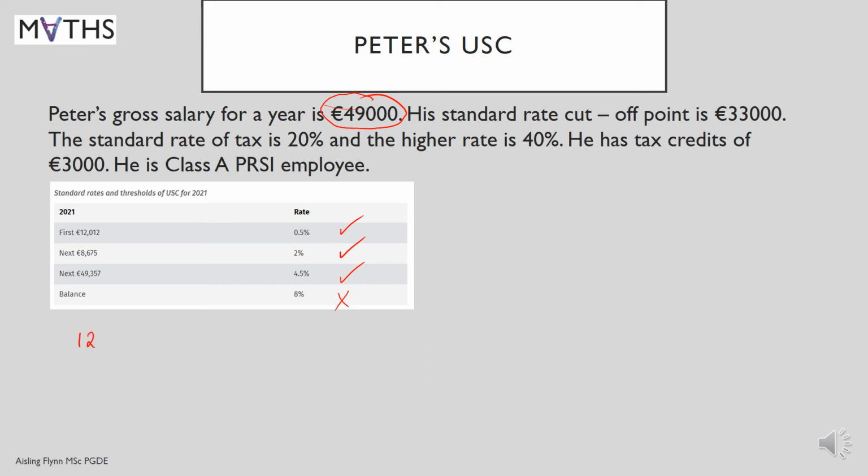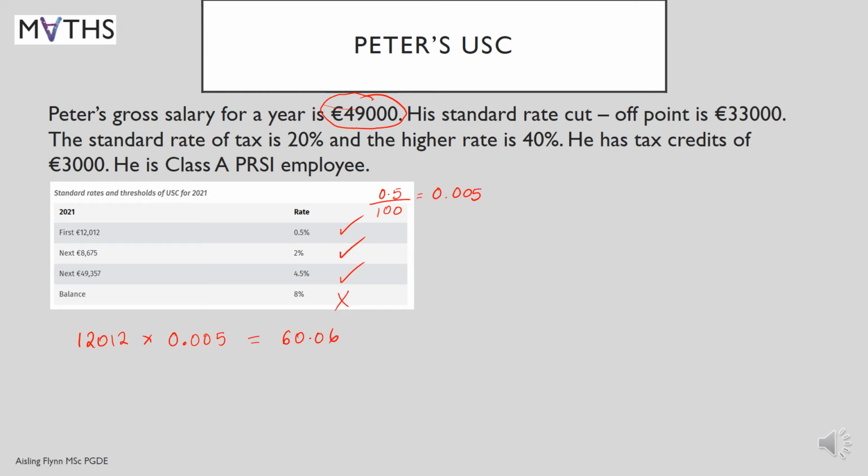Let's tax 12,012 by 0.5%. Now 0.5% is half, or 0.5 per 100, so in decimal it's 0.005. Or use the fraction method, or use your decimal function. So that gives me €60.06.